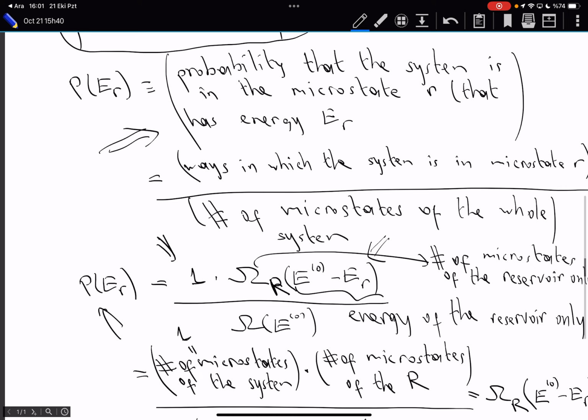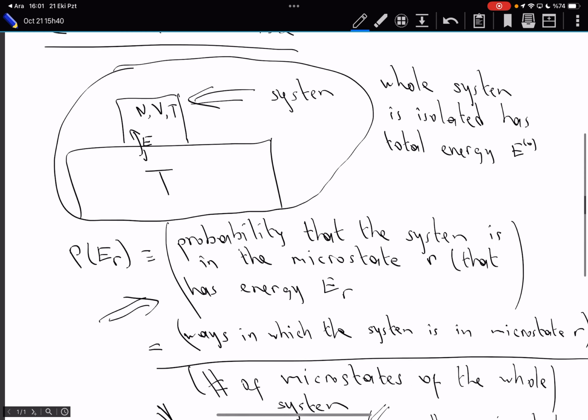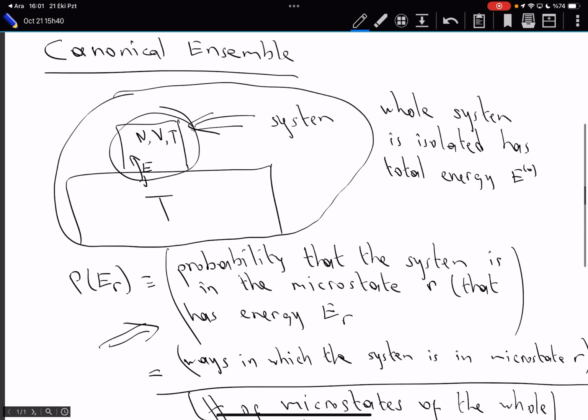In the denominator, shouldn't it be the subsystem plus reservoir? Okay. It should be subsystem, right? No, you see, what I call the system is this one. This is my system. This is the reservoir. Since I'm only looking at that system, I'm still calling it the system, but I said that I can also consider my system plus the reservoir as my whole system.